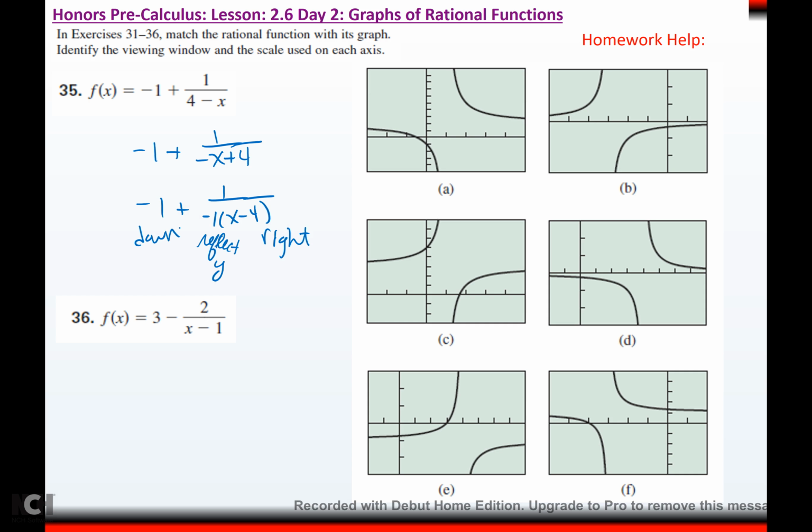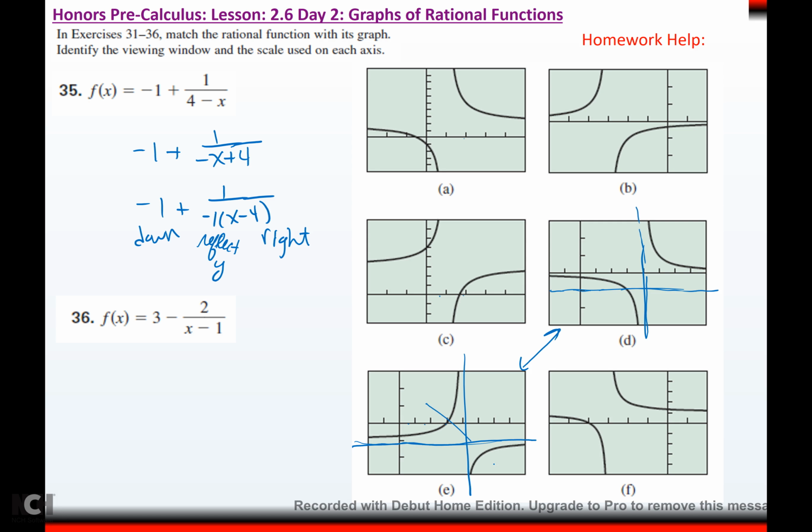If I look for an asymptote, 4 to the right, 1, 2, 3, 4. So it's between these two because it's got the right vertical asymptote. It's going to shift down 1, which means down here. And the only one that follows it is this one.